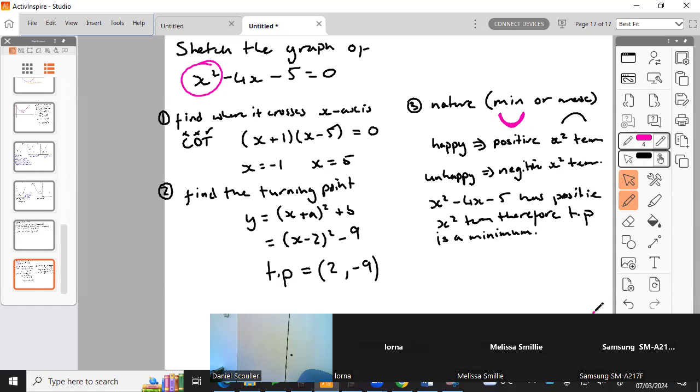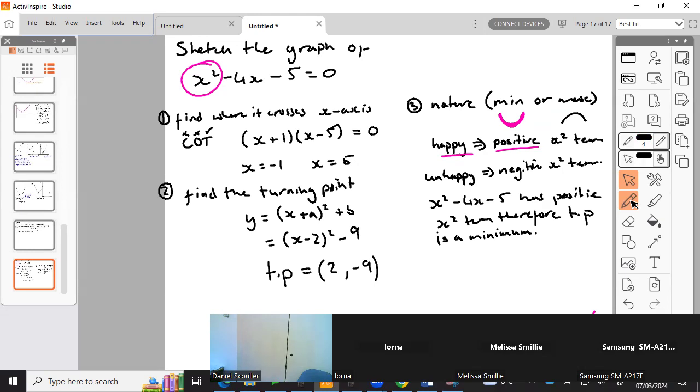All right, just think positive, happy. When you're positive, you're happy. So if the x squared term is positive, then you're going to be happy. All right, smiley face. Number 4 is the only bit we've not covered yet.